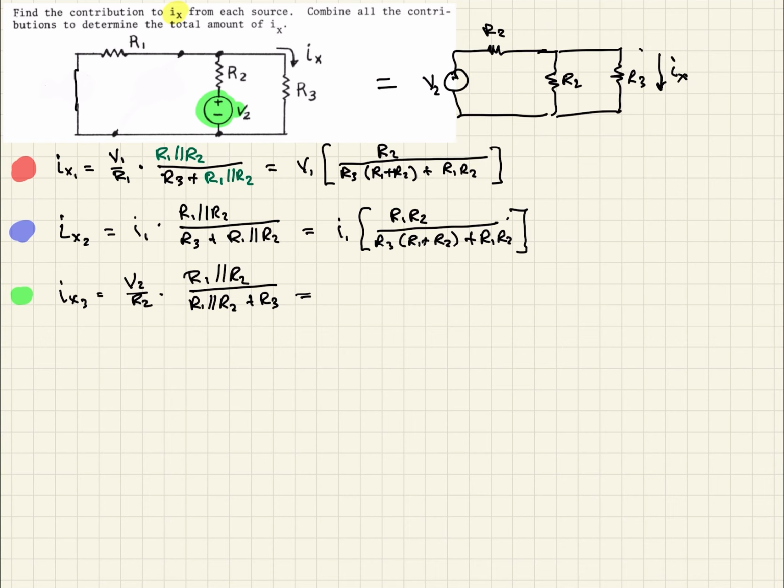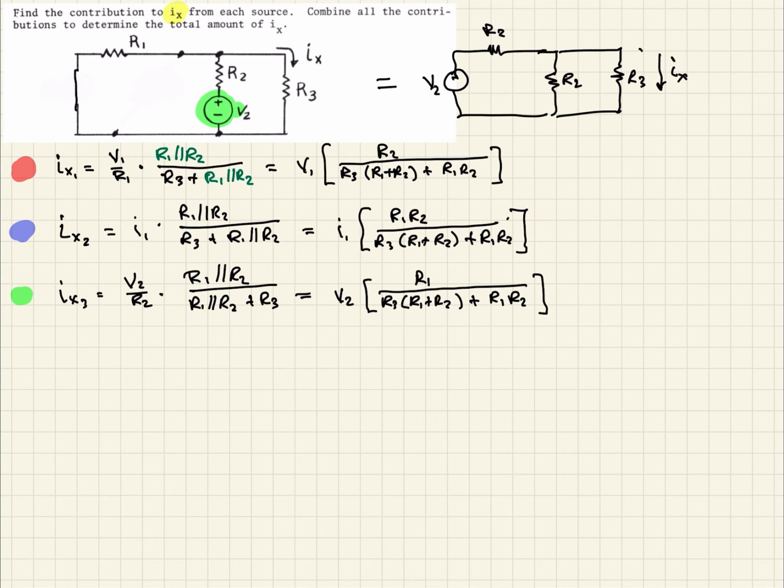And so if we write that out, then that's going to be V2 times R1 over R3 times (R1 plus R2), and this will be plus R1 R2.